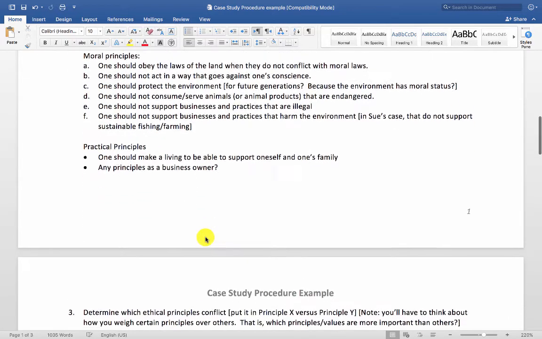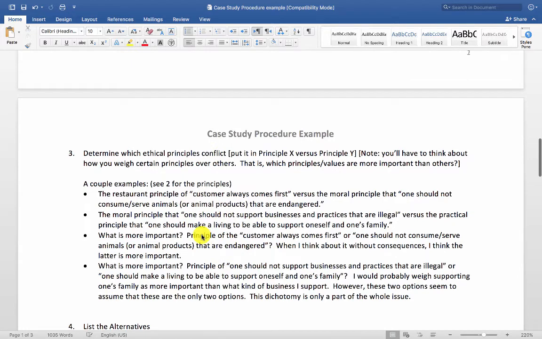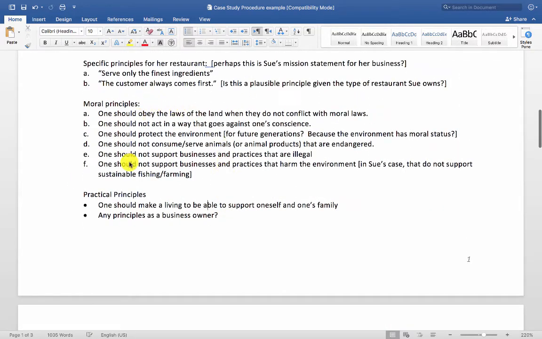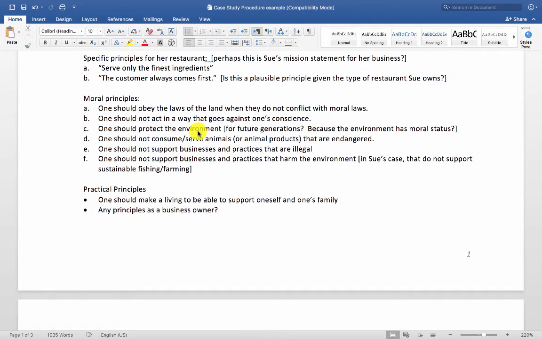Make this real. Okay, number 3, determine which ethical principles conflict. Now, this may be the difficult part. Here, I'm looking at some of these principles, because obviously, these principles are not all equal. The reason why this is a moral dilemma or a difficult case is because some of these principles are conflicting with one another.